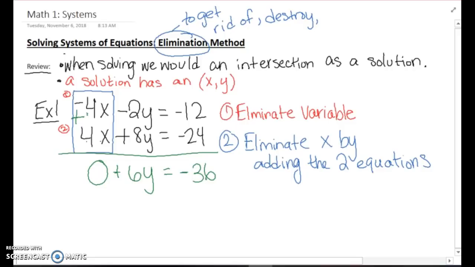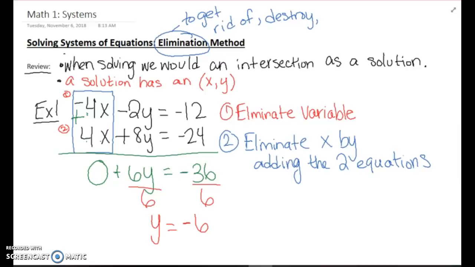So when I add these two equations together, I got rid of x. Now I'm going to solve for y. Divide by 6, divide by 6. Y equals negative, and a positive is a negative, 36 divided by 6 gives me 6. The y is equal to negative 6.